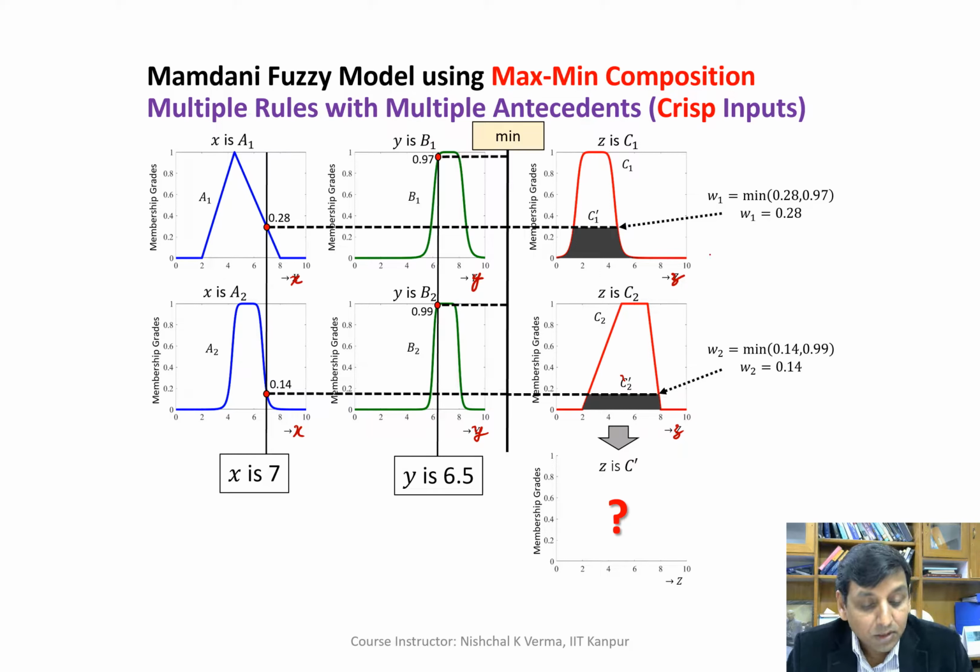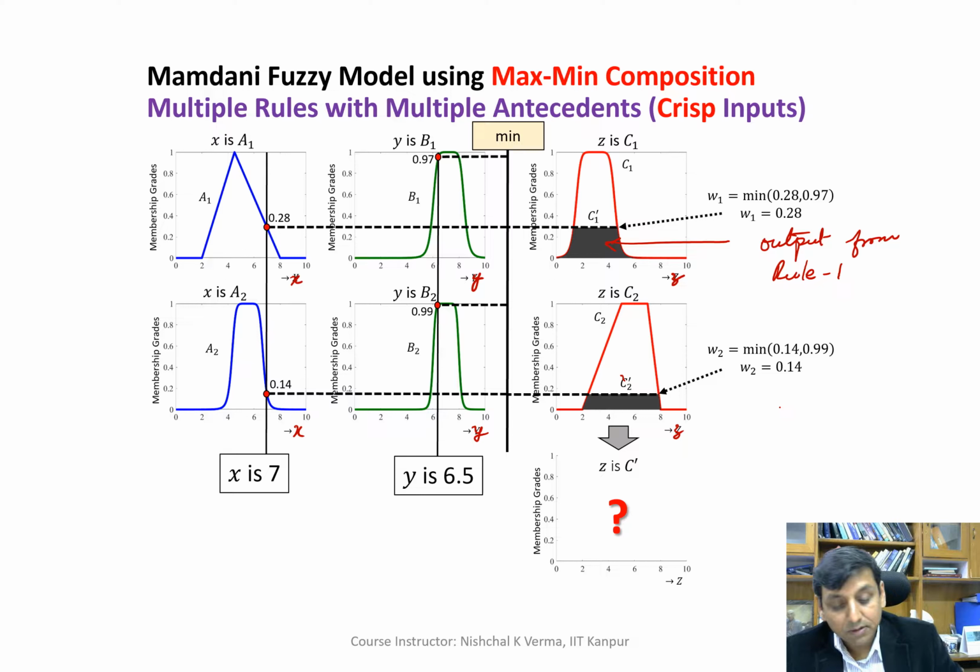Alright, so this is the output of the first rule corresponding to the crisp inputs x and y. So the output from rule 1. Similarly, for the second rule, we are getting this as the fuzzy output after truncation.